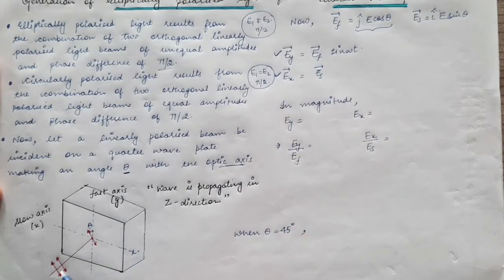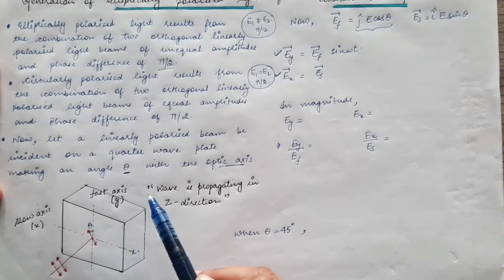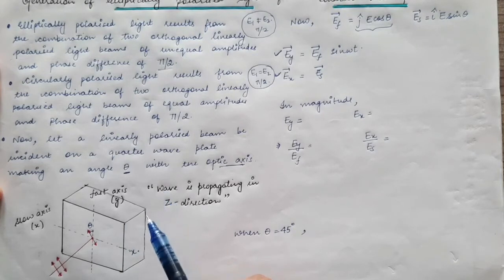When a plane polarized light falls on the quarter wave plate, the electric field vibrations can be divided into two components. When these two components travel in the quarter wave plate, they travel with different velocities, and when they emerge out of the quarter wave plate, a phase difference of pi by 2 is introduced between the two components.